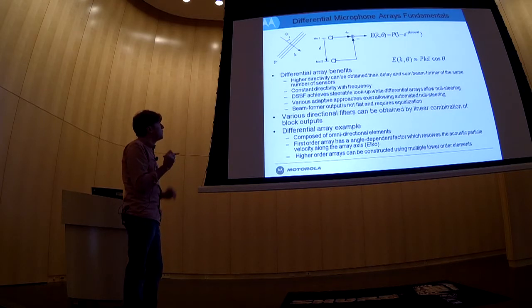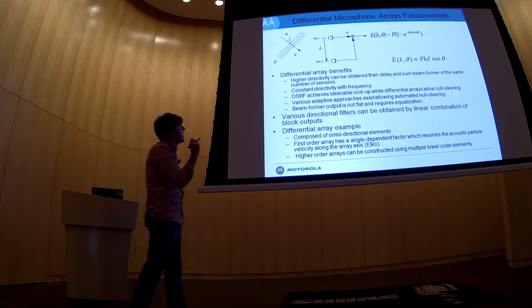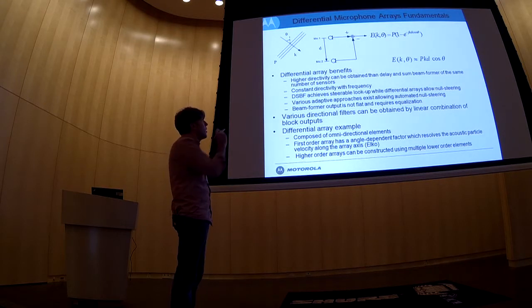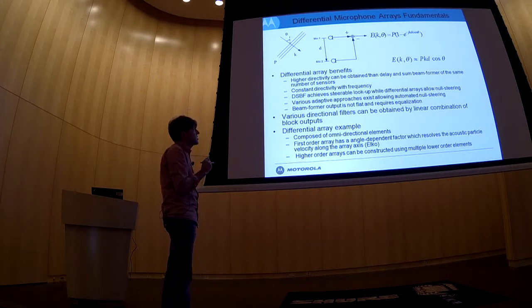This illustrates that whenever that angle becomes 90 degrees, the output of the array is minimum. Whenever that angle is in the 0 or 180 degrees direction, this expression has a maximum.